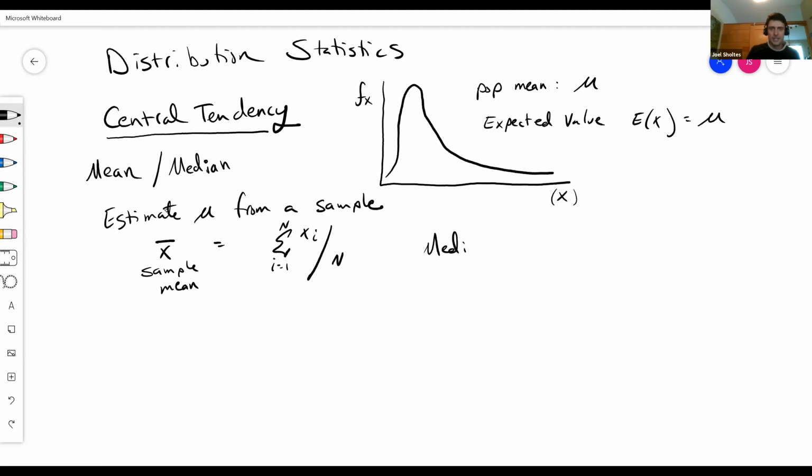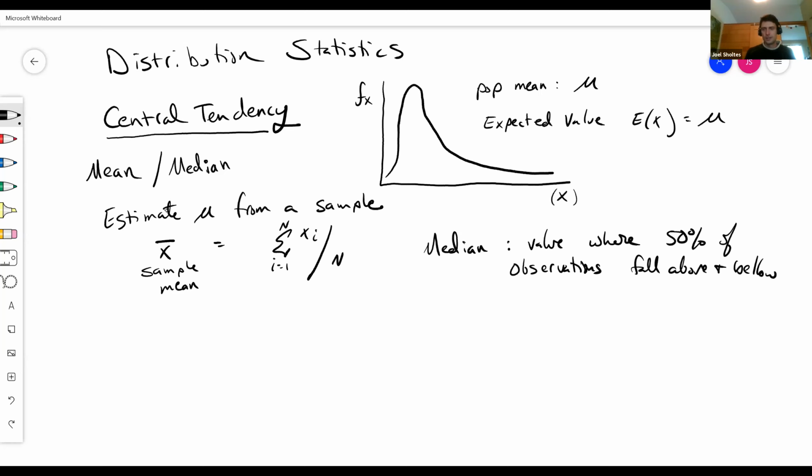And we'll call that the mean. The median is the value where 50% of observations fall above and below, so it's sitting right in the middle.